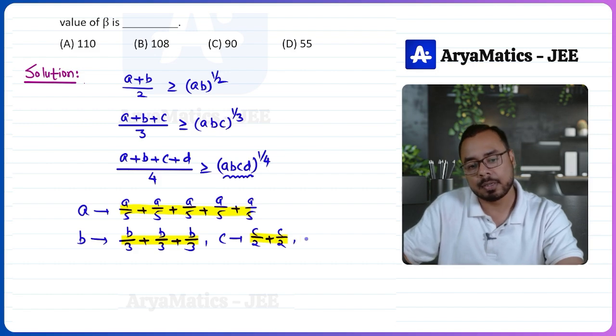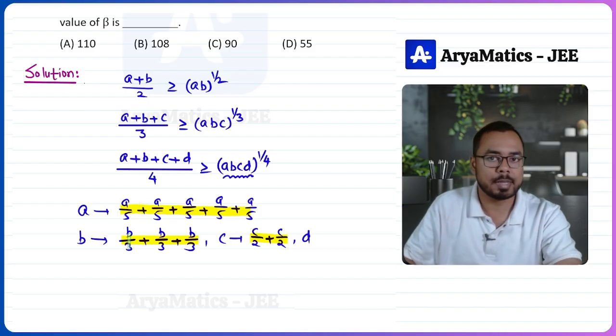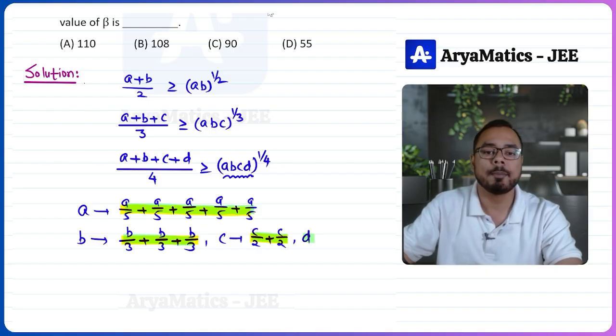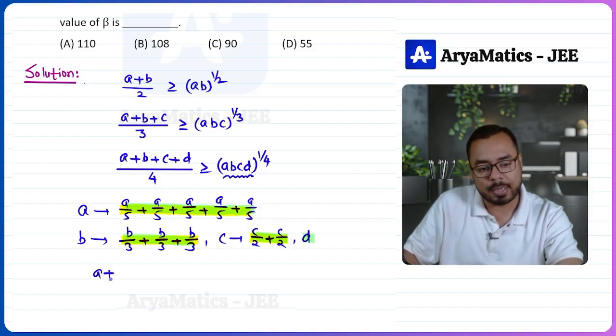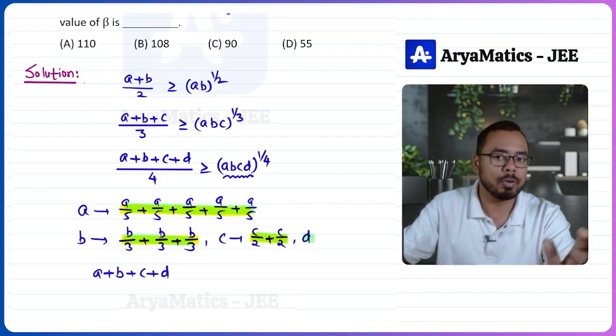You have 5 times A by 5, then next three numbers are B by 3, then next two numbers C by 2, and then one number D. If I add these numbers, then we are going to get A plus B plus C plus D. We are not using AM-GM inequality on A, B, C, D.